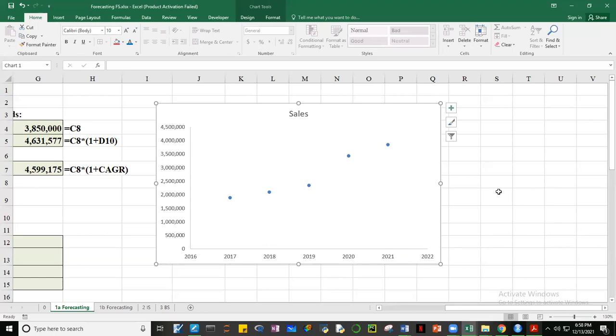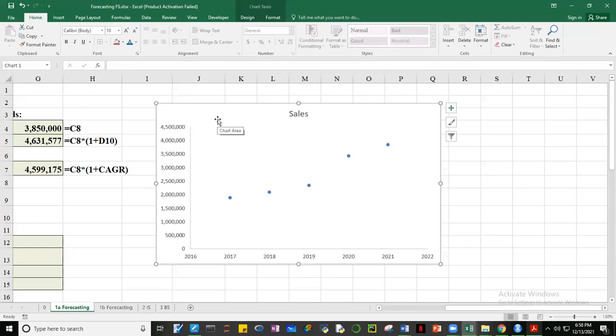Now in your regression, you learned that in a linear regression, you establish the relationship between your x variable and your y variable. The first requirement is that there should be a linear relationship between the variables. Does this look linear? Can we assume that there's a linear relationship between sales and time?